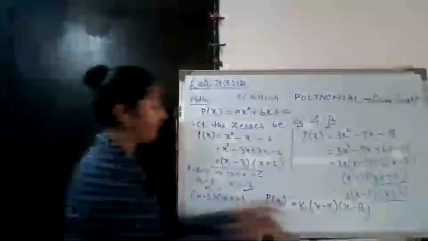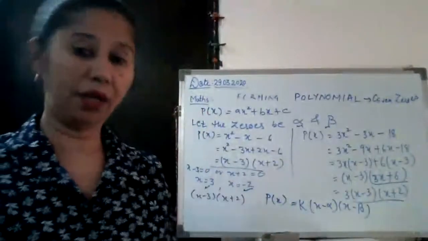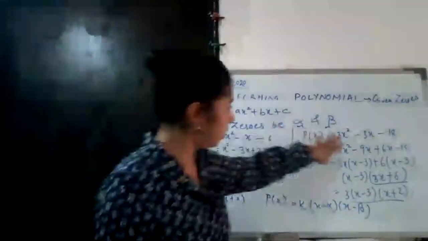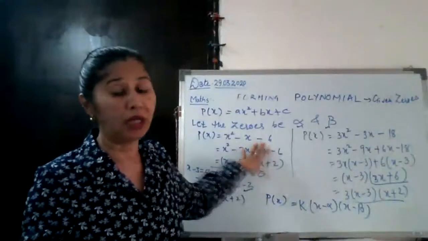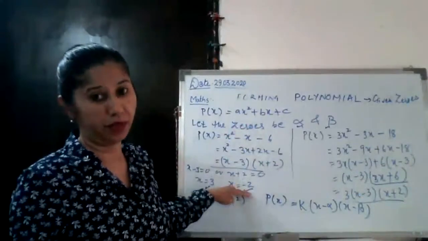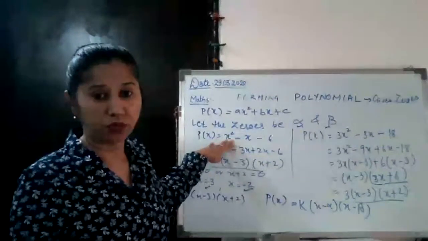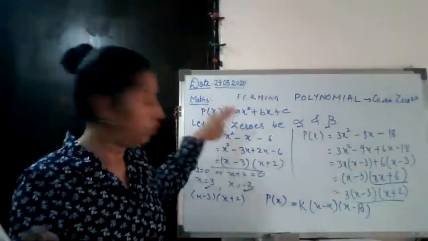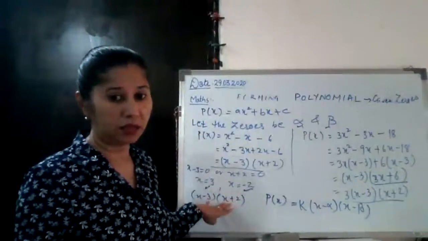And what does this k mean? It could be any real number. Because if you multiply this whole polynomial by 2, you get a new polynomial, but the zeros will be the same. You may multiply this polynomial by 1 by 0.2, any real number in general, and you get the same zeros as the answer.